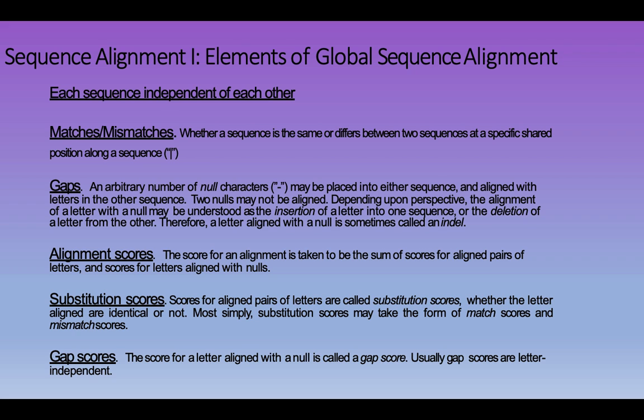When we align these sequences to each other, it's important that we understand what the entities are that we're measuring that are going to form the components around which we're going to build rules, right? And that's going to form the basis of the algorithm, the components of the equation, so to speak. So things that we're going to be investigating often are things like matches and mismatches.